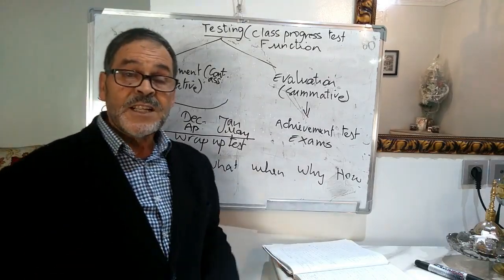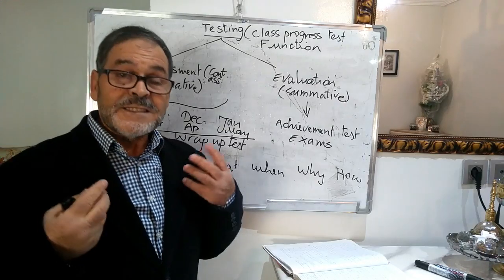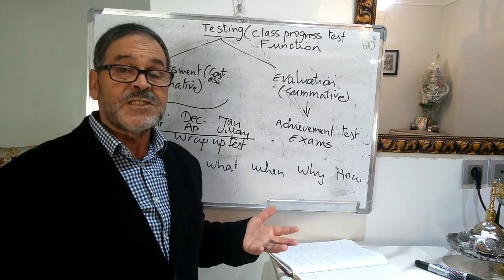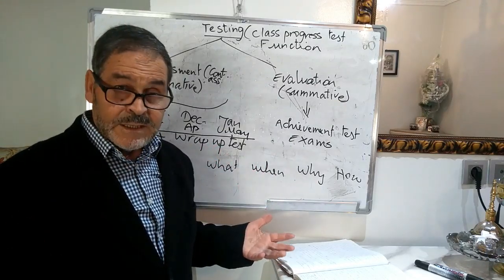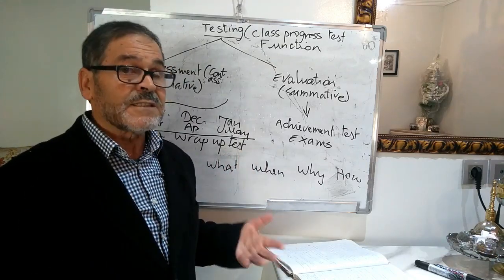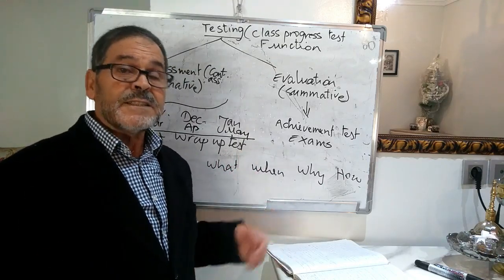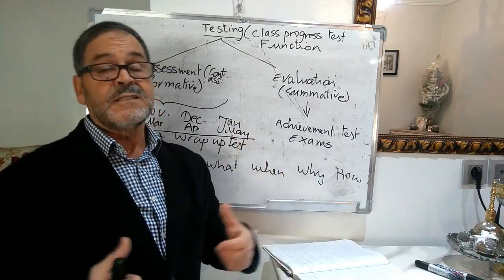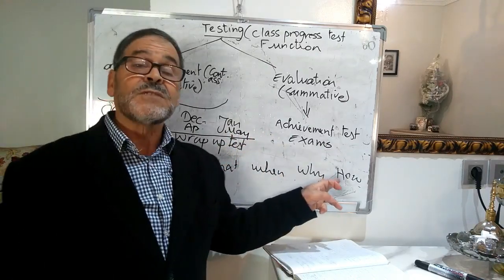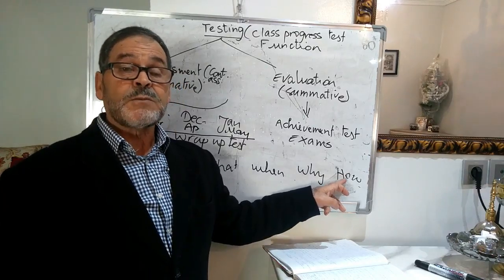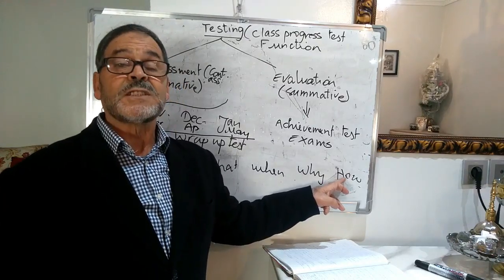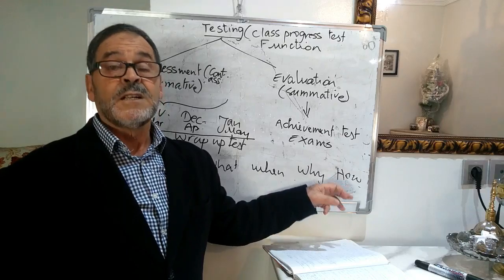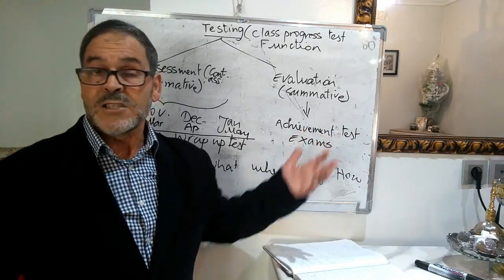And why to test? To see if my teaching strategies are successful. Is it correct? Is it good? Because at the end, the test shows the result for both students and teachers. And how to test? This is a big problem, because when you have 45 or 40 students, it's a problem to test with large classes.